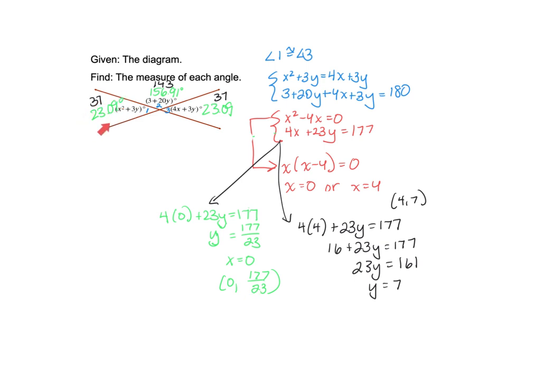I got, rounded, 23.09. Here, rounded, 23.09. This angle is going to be 180 minus that, or I could substitute in y. The black numbers I got by plugging in the second solution for y, 7. So this would be 37, this would be 37, this would be 143.